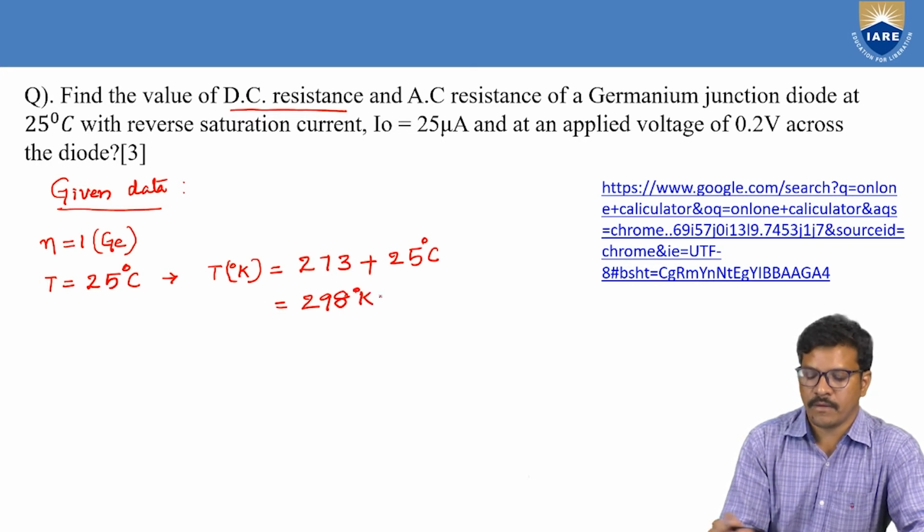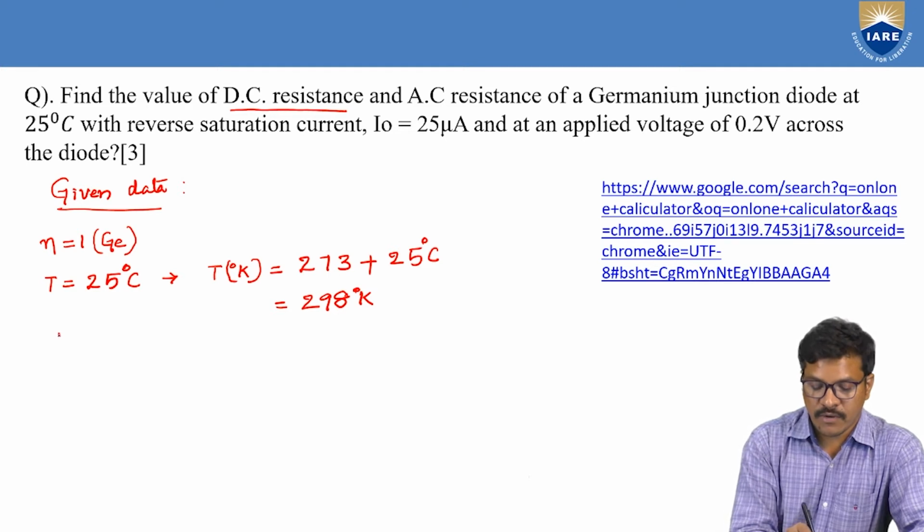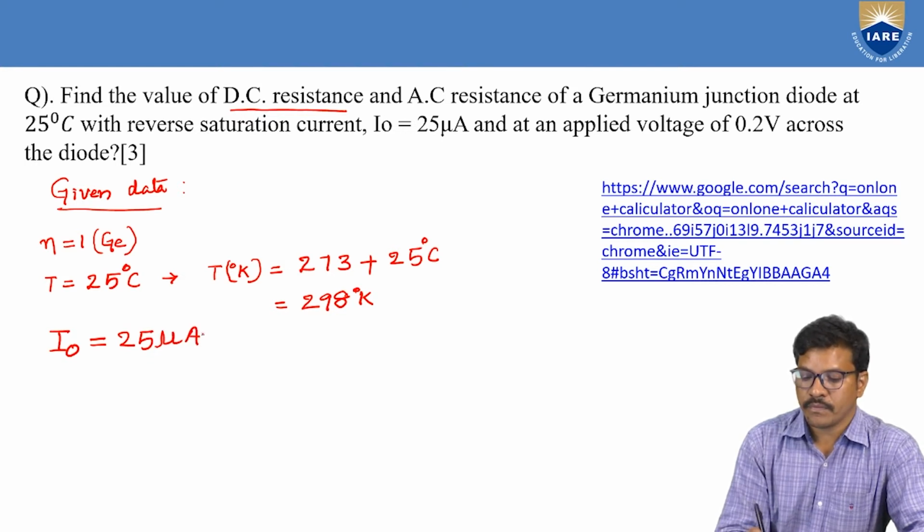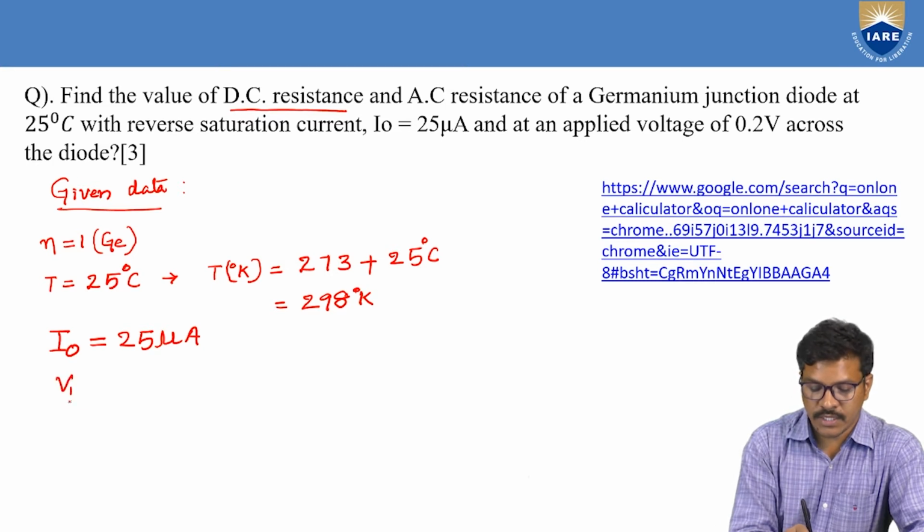The reverse saturation current I0 is 25 microampere and the applied voltage Vd is 0.2 volts.